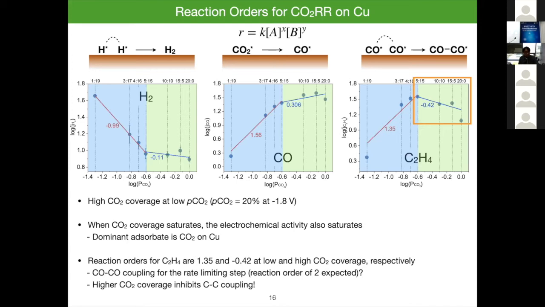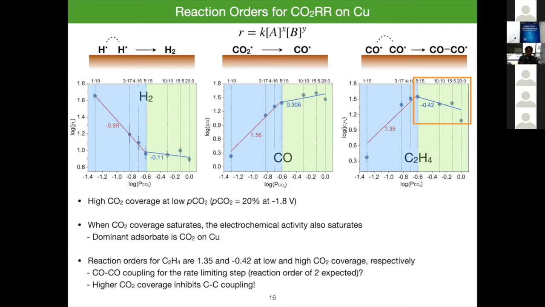And then after 20% CO2 feedstock concentration, it actually saturates. It means that at 20% CO2 feedstock, the surface is saturated with CO2, and we cannot find a neighboring hydrogen to form a hydrogen molecule.